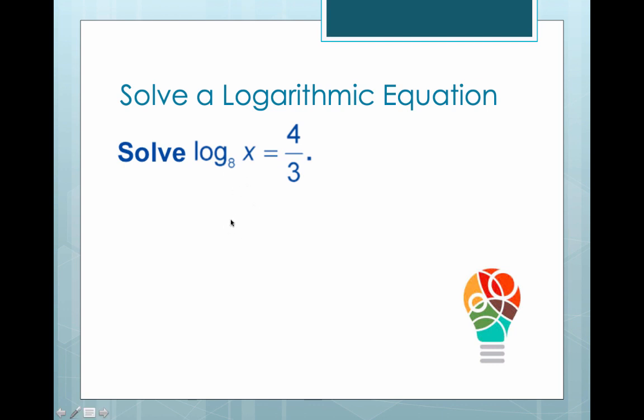Solve a logarithmic equation. Okay, here we go. I would rewrite this in exponential form. The base, a log is equal to an exponent is equal to x. Incidentally, you could type 8 to the 4/3 into your calculator, but this one is possible to do as the cube root of 8 all to the 4th if I was doing it by hand.